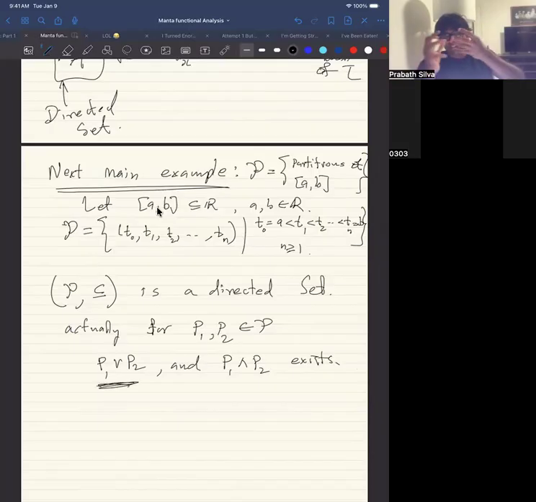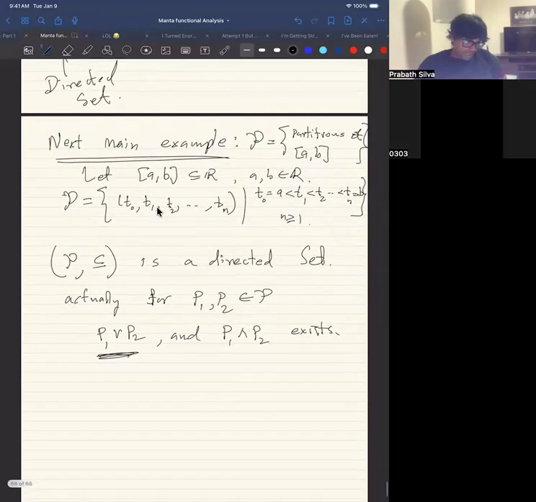You take two partitions and you can throw everything in and create the union.